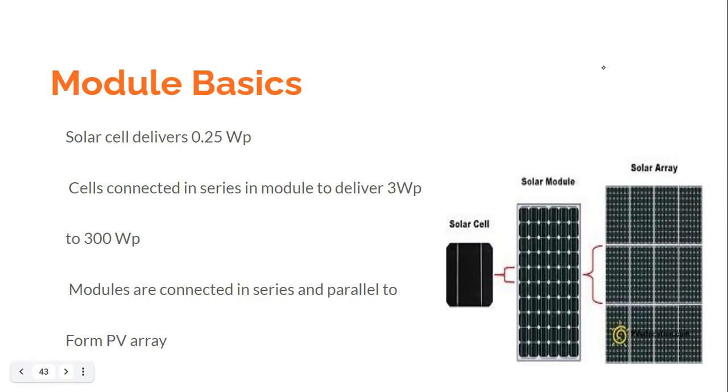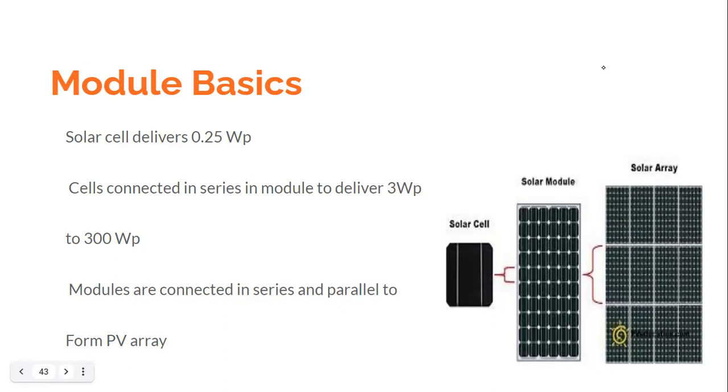So a solar module comprises a number of solar cells connected in series, and the maximum output of this module is 300 watt peak. One can have a solar module of a smaller capacity like 3 watt peak. Okay, so 3 watt peak is the smallest capacity one can expect from a solar module, but the modules which are generally available in the market for solar pumping come with a capacity of about 300 watt peak.